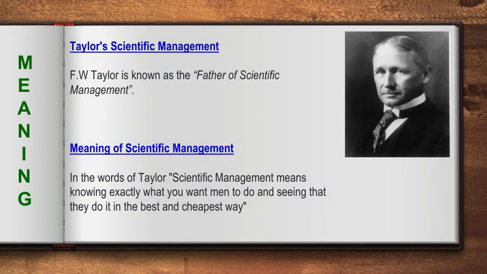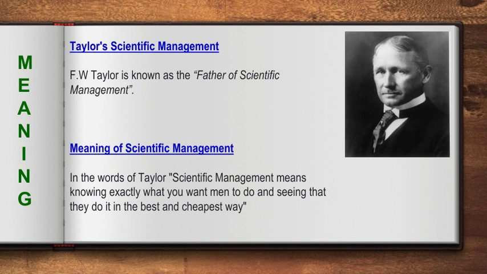Let me tell you what motivated him to come up with the scientific management theory. Back in those days, there was a scarcity of competent or good laborers in the industry.